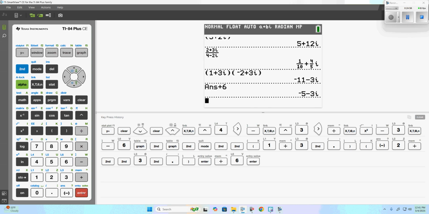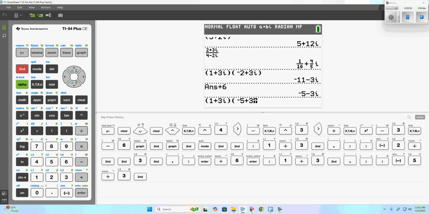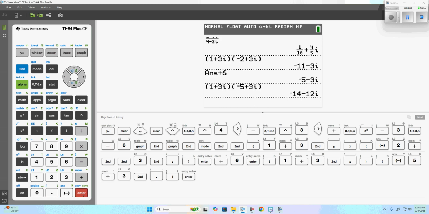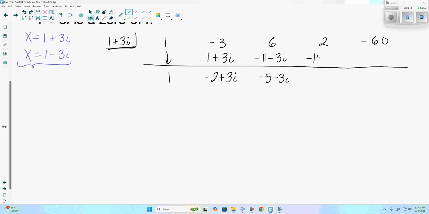And we're going to multiply again. So 1 plus 3i times negative 5 plus 3i, which is negative 14 minus 12i. Add 2. So the 2 and negative 14 would give us negative 12 minus 12i. And again, we said this was a solution, so somehow we're going to get a value of 60.